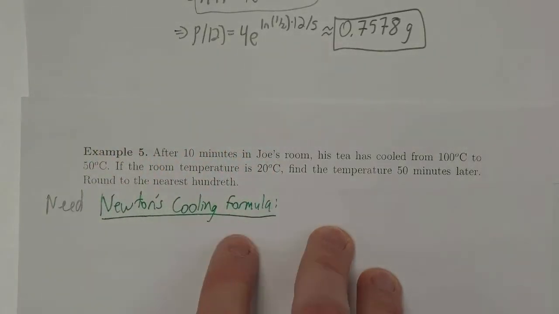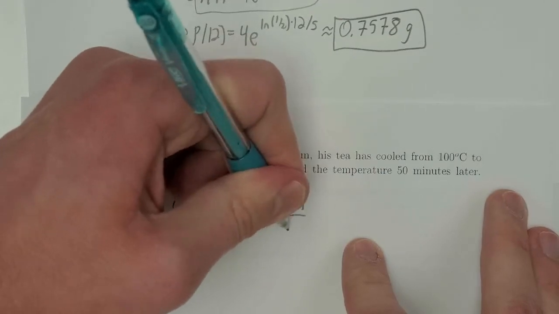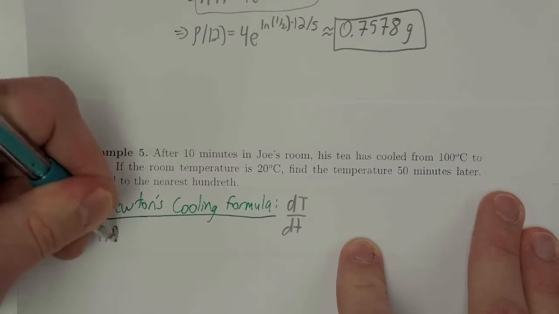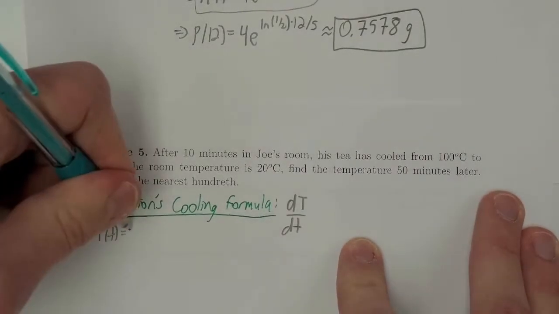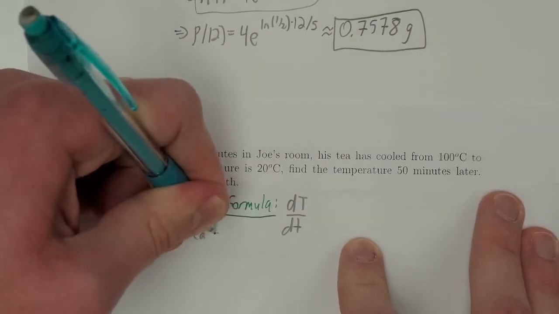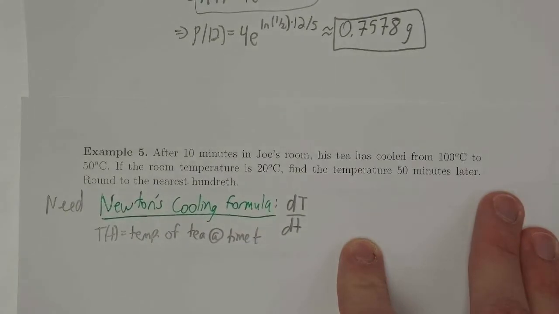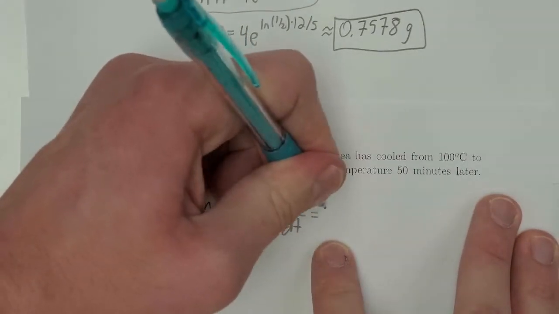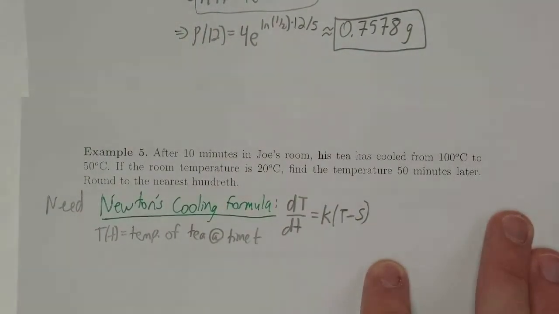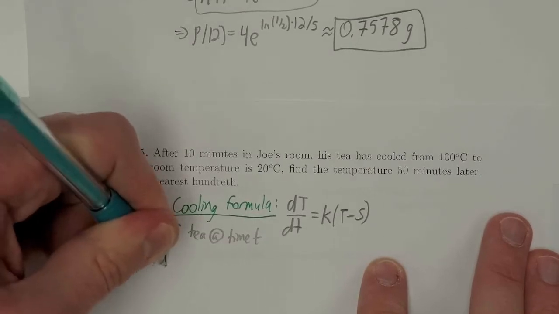Okay? And here's what it states. So you have d big T over d little t. So if we denote big T of little t as temperature of T at time t, okay, then this is equal to some constant K times T minus S, where S equals surrounding temperature.